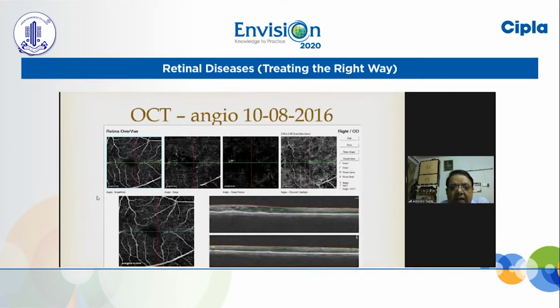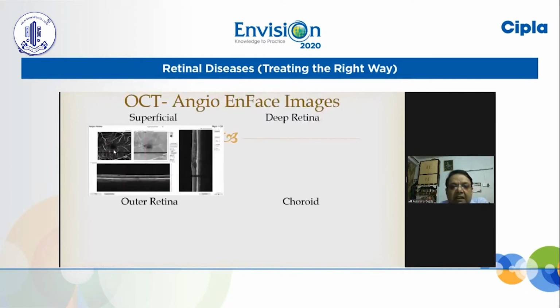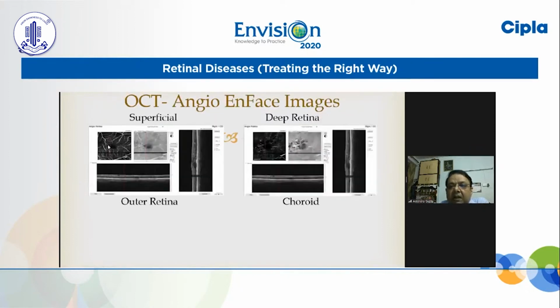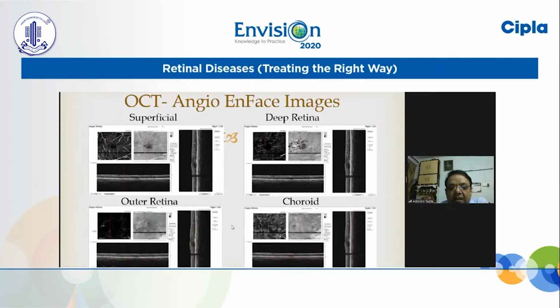And on OCTA, in the superficial layer there's no lesion here. Deep retina, there's no lesion. On outer retina, you can't see anything. And in the choroid picture, you can't see anything. So we got this machine, I tried to diagnose this disease on OCTA, and I was not getting any kind of information on OCTA.